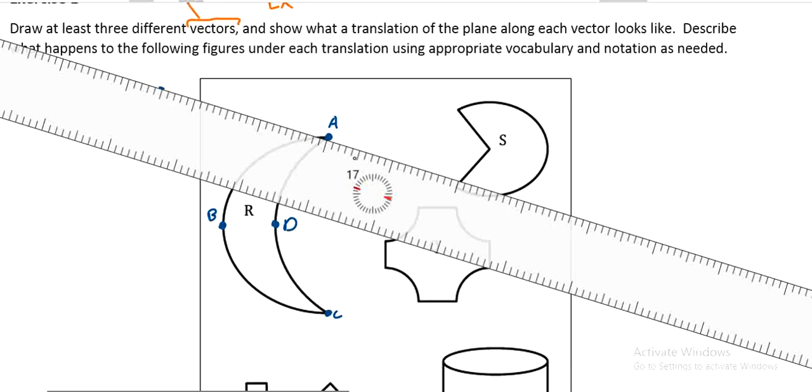I'm going to mark right there as a point. My vector from here to there, there we have it. I'm going to keep my ruler as is.